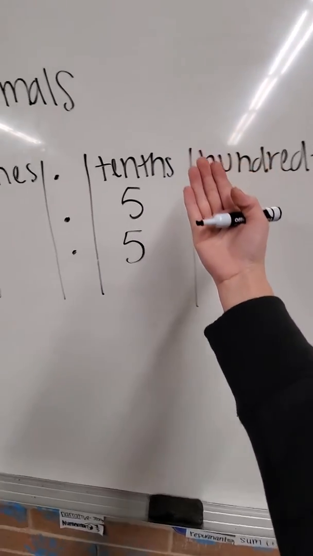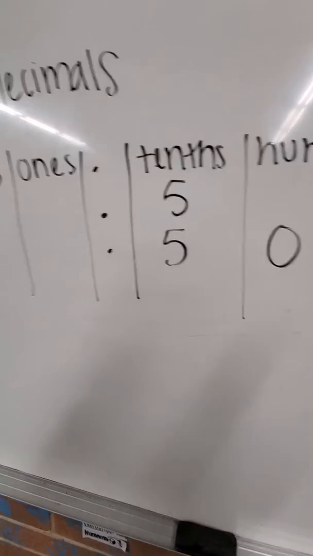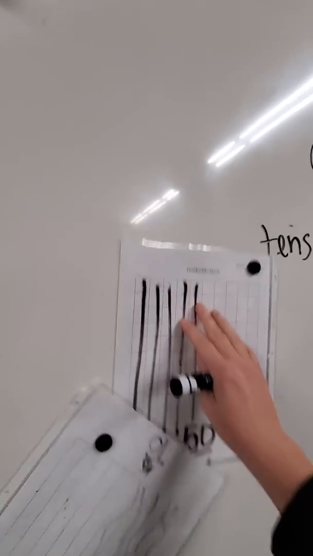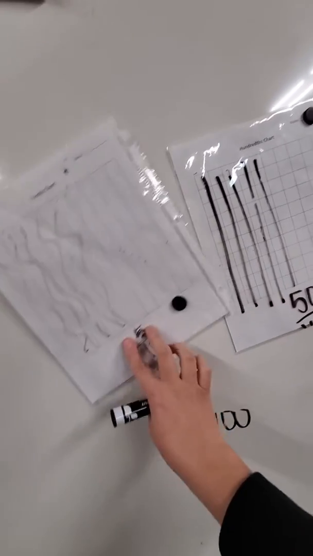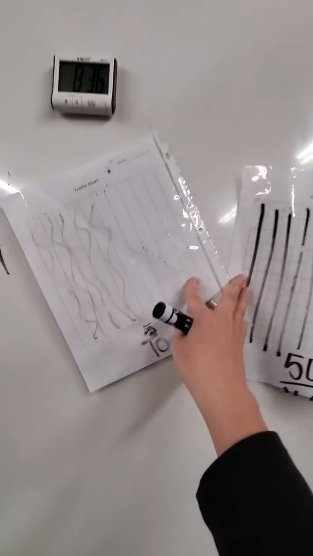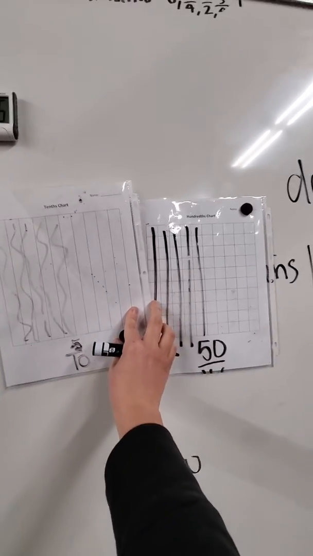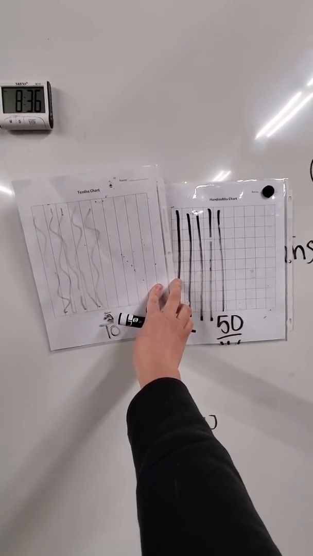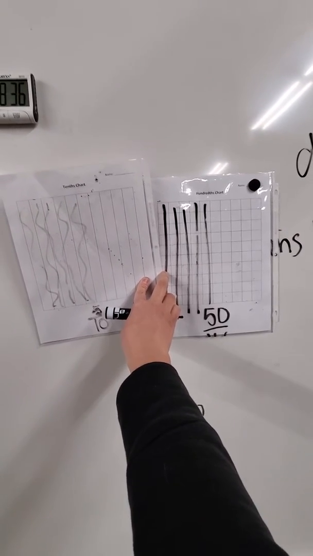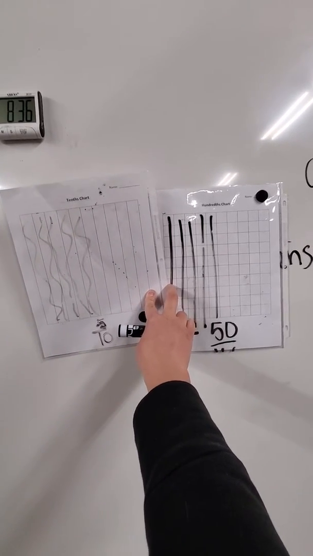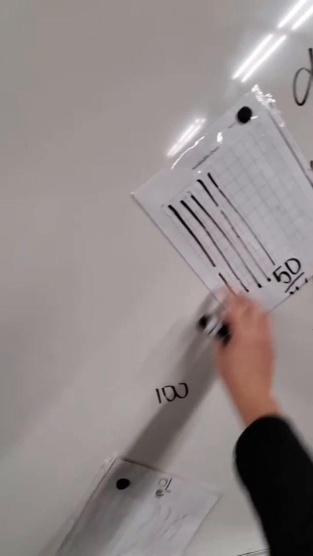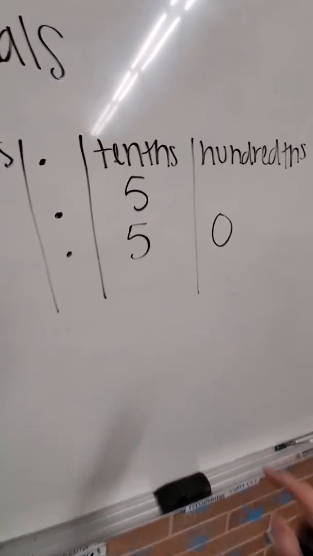And actually, they are equivalent to each other, because I shaded in 5 tenths over here, and it was the same size as 50 hundredths. Same exact size. The only difference is that this would be in smaller pieces. That's the only difference in hundredths. So it's actually the same.